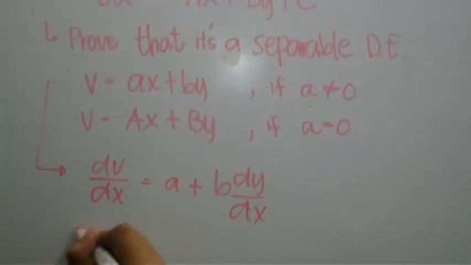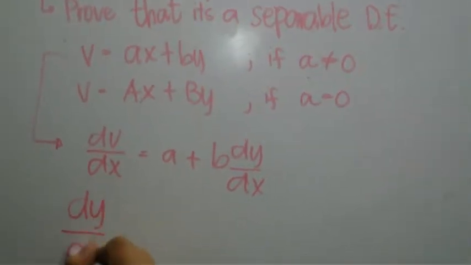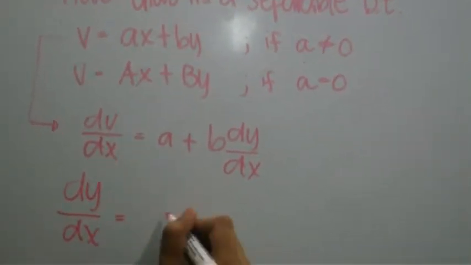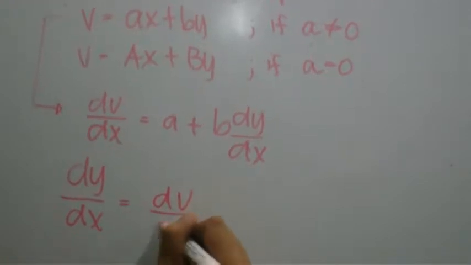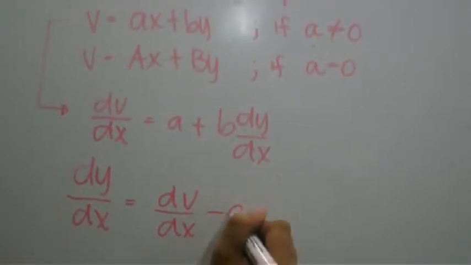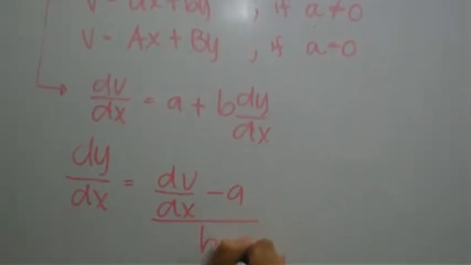Now transposing, we have the value of dy over dx equal to dv over dx minus a, all over b.